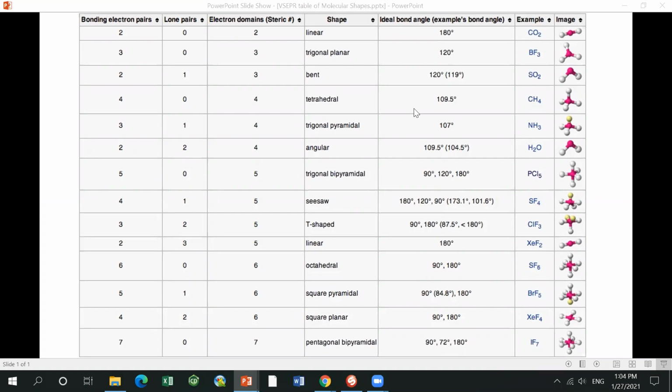This chart is already uploaded onto EduCat, so you can download it and study it. For organic chemistry 1, we only worry about electron density regions up to 4, so those I may test in the exam or quiz. Above 4, just get a little bit of an idea; for now you don't need to worry about it too much.